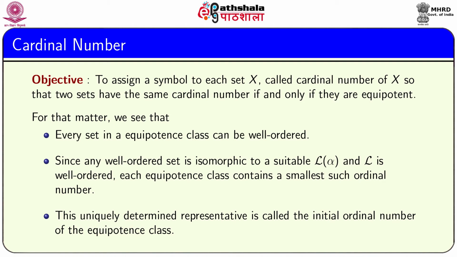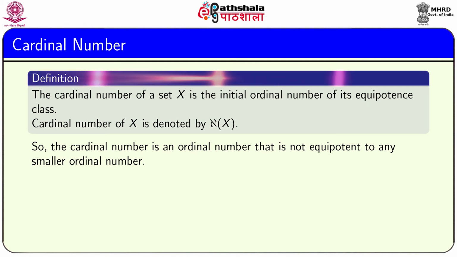This uniquely determined representative is called the initial ordinal number of the equipotence class. Now, we define the cardinal number of a set X as the initial ordinal number of its equipotence class, and we denote the cardinal number of the set X by aleph X.